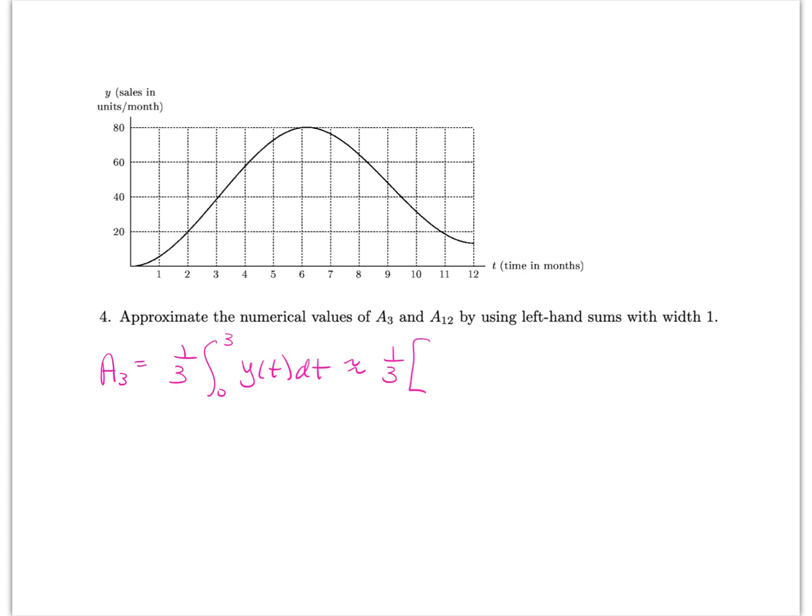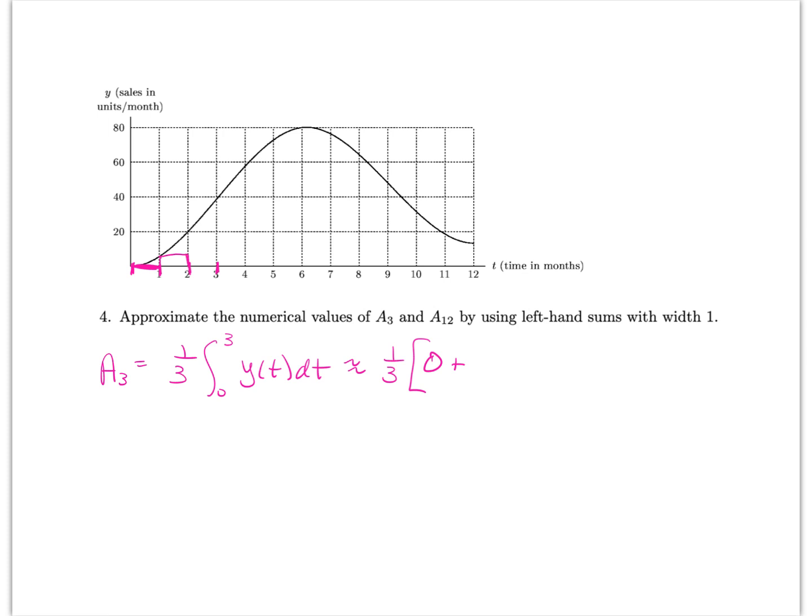That's just this 1/3. And then I'm going to work on this integral from 0 to 3 of y of t dt using a left-hand sum of width 3. So I'm going from 0 to 3, breaking it into 3 parts. My left-hand sum, that first rectangle has area 0.